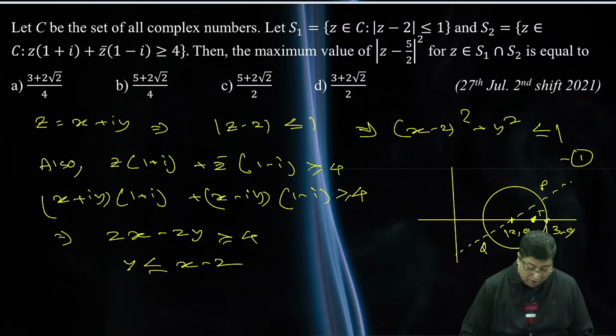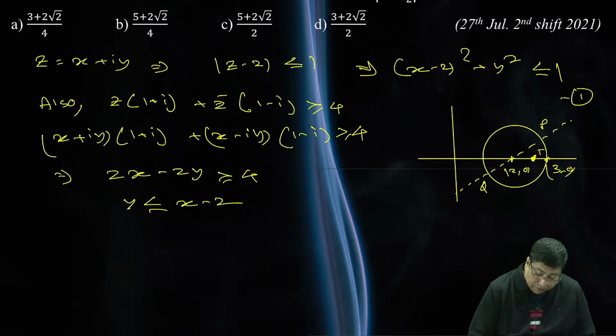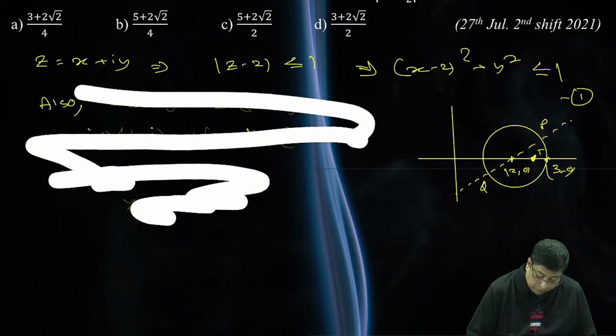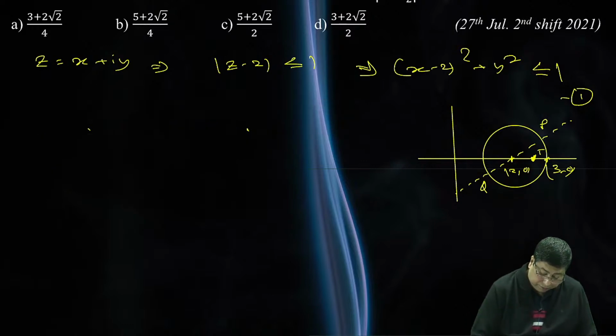So, first of all, we have to solve the line and the circle. If we solve line and the circle, we are getting what? X minus 2 whole square, and y equal to x minus 2, if we put, plus x minus 2 whole square equal to 1.